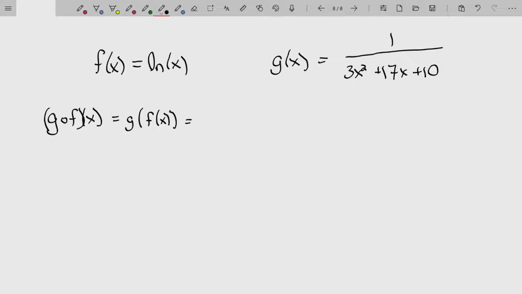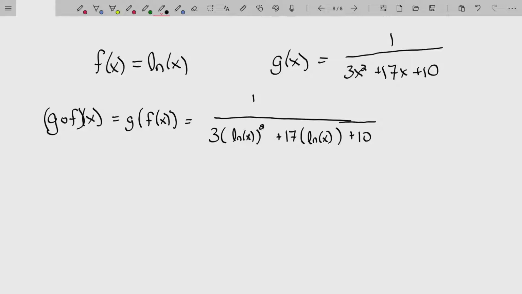And we will go ahead and take g, which is 1 over 3 times something squared plus 17 times something plus 10. And for those somethings, I will plug in f. Just natural log of x there and a natural log of x there.